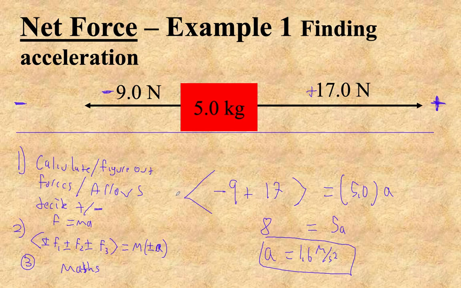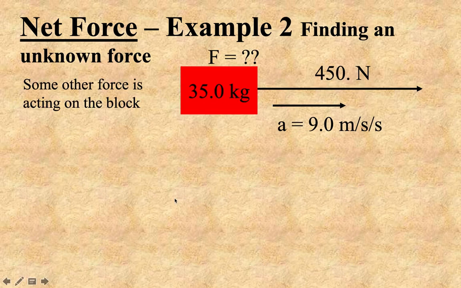Now I'm going to show you the next example, which is I think a little harder, where we've got to find an unknown force. So we've got this block of whatever it is, sliding along to the right and accelerating to the right. Actually, we don't even know if it's sliding to the right, but let's just say it is.